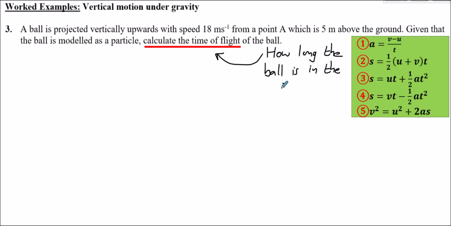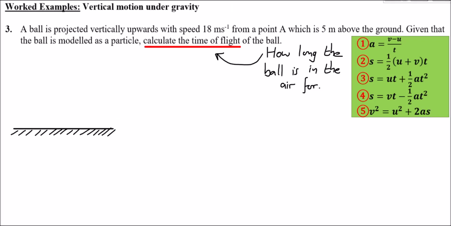Now at this point, because it's a bit more of a complex situation, I'd strongly recommend just doing a little diagram for this one. So if you imagine this is the ground, this time it's not gone from the ground, it's gone from a point A, which is 5 meters above the ground.